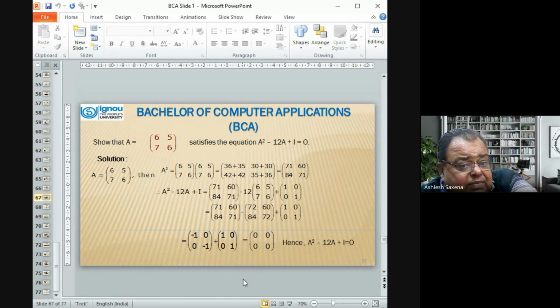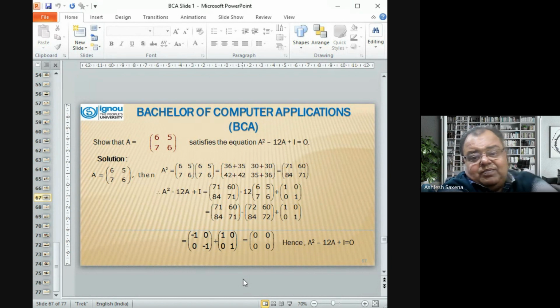You have to multiply each element of the matrix by 12. It will become 6 into 12 is 72, 5 into 12 is 60, 12 into 7 is 84, and 12 into 6 is 72. Now, pick up and solve it. Here you can see the order is 2 by 2. Every matrix is of the order 2 by 2.